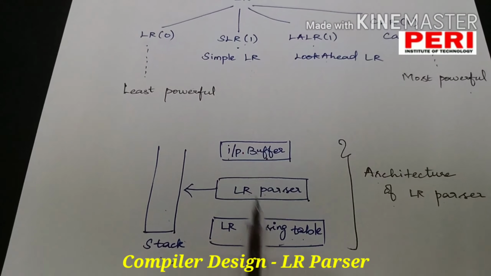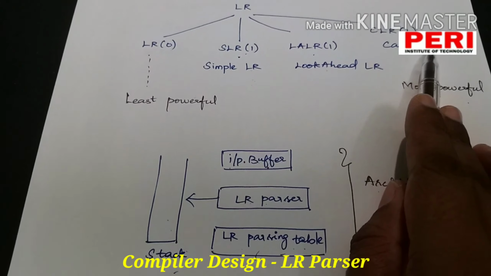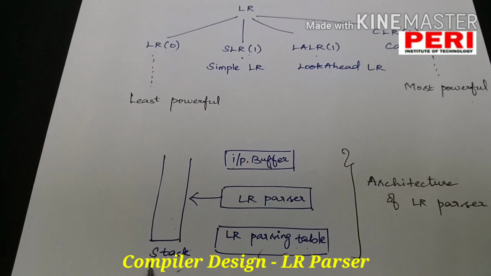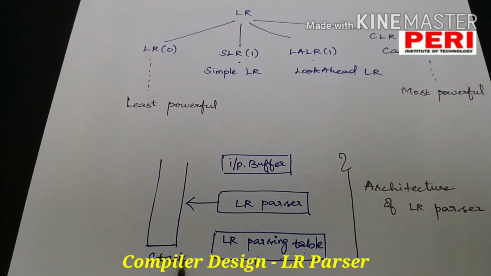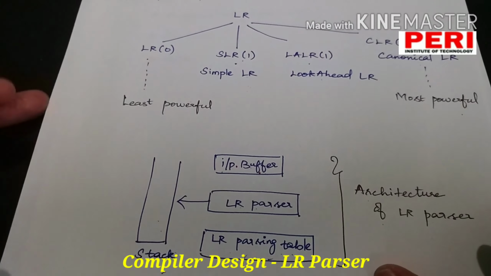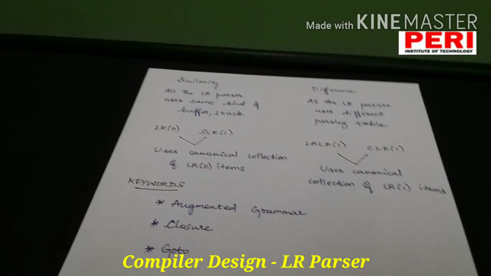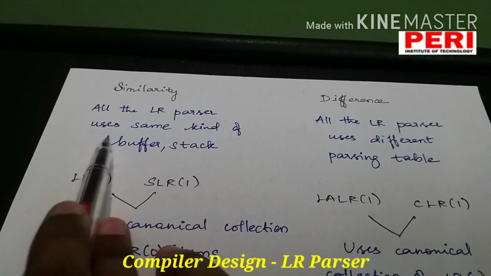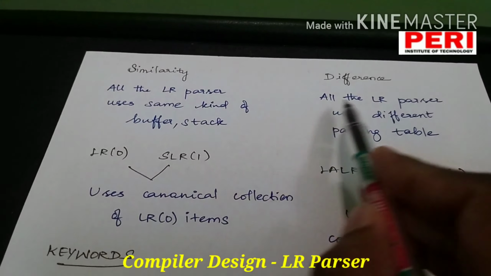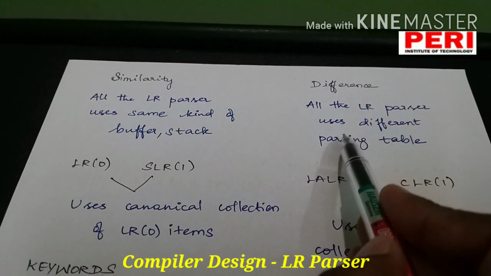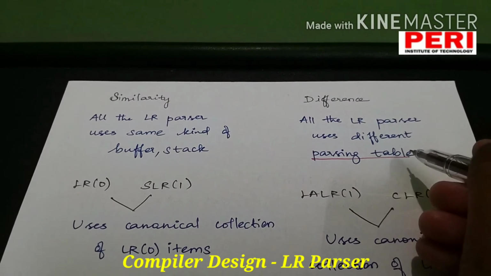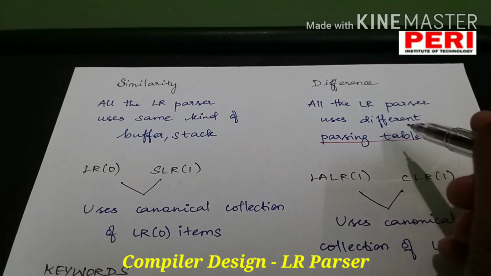When you look at the four parsers, the similarity is that they make use of the same buffer and the same kind of stack, whereas they differ only with the parsing table. All the LR parsers make use of the same kind of buffer and stack, and the only difference between them is the parsing table. All other things that you are going to do are the same.